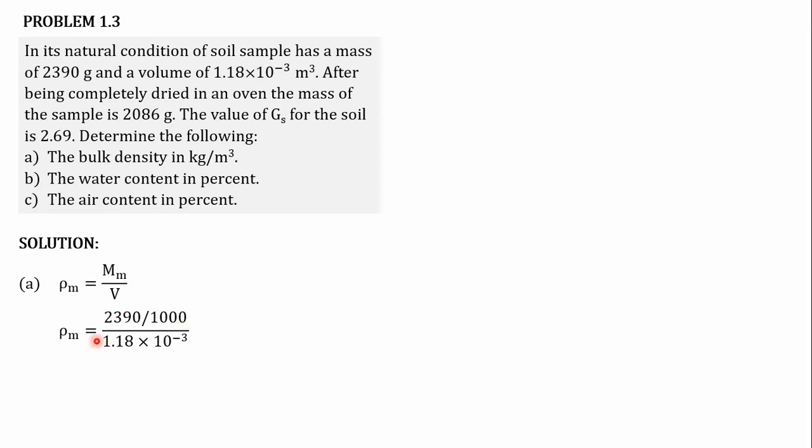Divided by 1.18 times 10 to the power of negative 3. This is the total volume of a soil. Which is, ang answer natin sa bulk density niya is equal to 2,025.42 kilogram per cubic meter. Okay? So, ito yung answer natin.